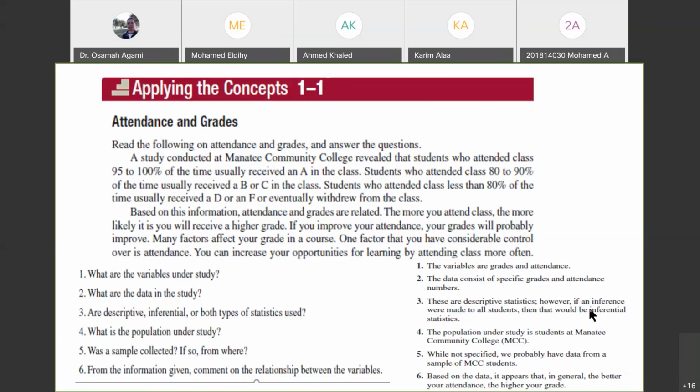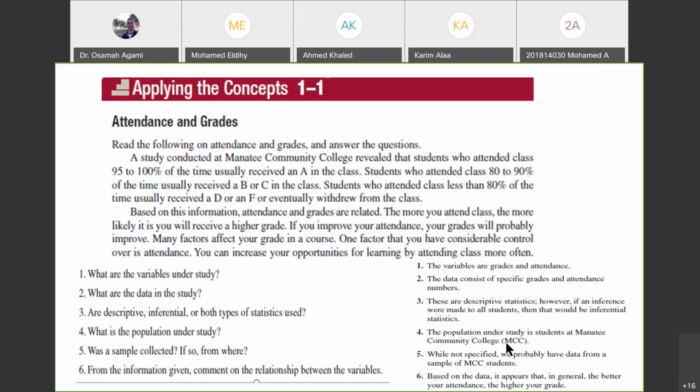But if an inference were made to all students, because you have a sample, right? If you make an inference or deduce something about all the students, then it will be inferential. Okay. The fourth question, what is the population under study? Yes, this is the community college, the name of the college, Manatee Community College.